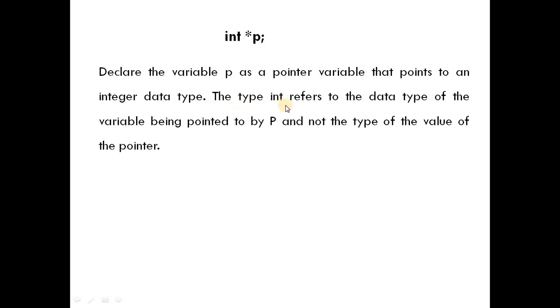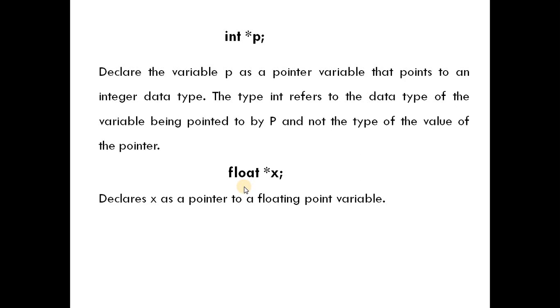The type int refers to the data type of the variable being pointed to by p and not the type of the value of the pointer. So in this example, p is a pointer variable which is going to point to a variable of data type integer. We shall take one more example.